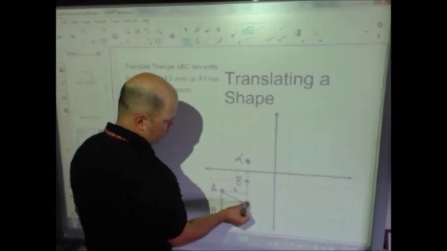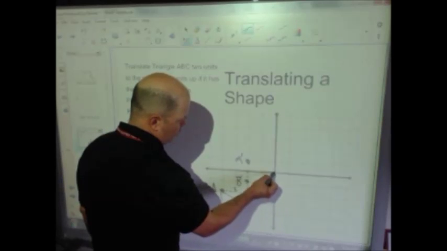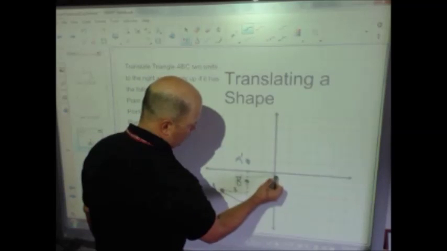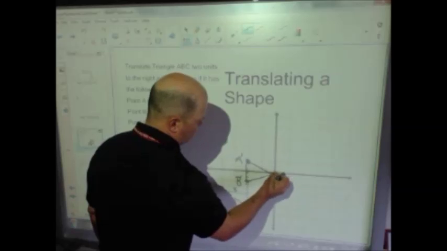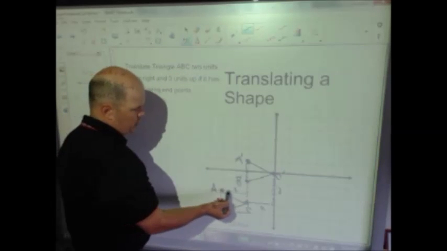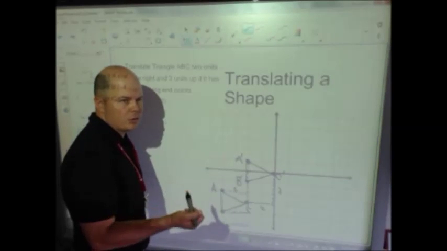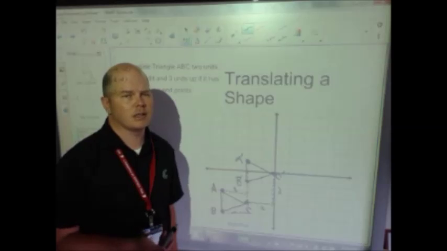And the C, we're going to go 2 units, 3 units. And C prime. As you can see, all we've done is shifted each point of my shape 2 units to the right and 3 units up. That's the basics of how you translate a shape on a grid.